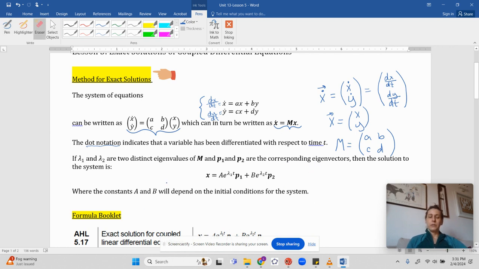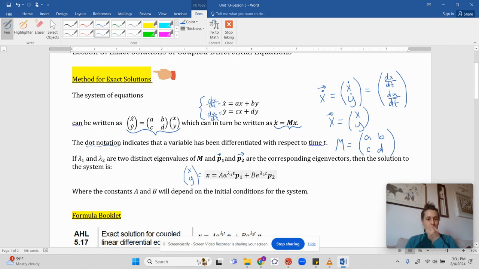And to do that, we're going to use eigenvalues and eigenvectors. Lambda 1, lambda 2 are our distinct eigenvalues of the matrix a, b, c, d. P1, P2 are their corresponding eigenvectors. Remember, these are vectors, they are bolded. And down here, the solution to the system is this. Remember, this is actually x, y.